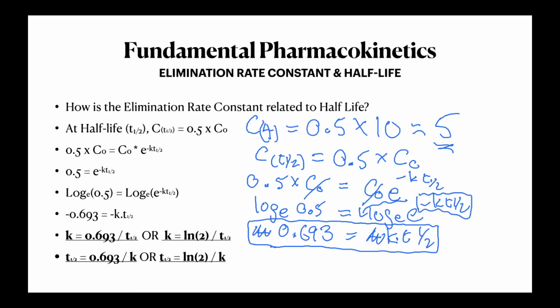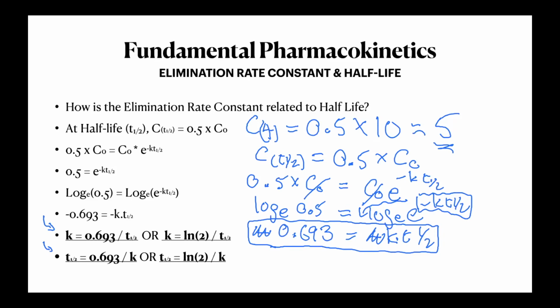And this is where you can define it in terms of either your elimination rate constant or your half-life. So your elimination rate constant equals 0.693 divided by your half-life, or the natural log of 2 divided by your half-life. Or you can also describe it as your half-life equals 0.693 divided by your elimination rate constant.